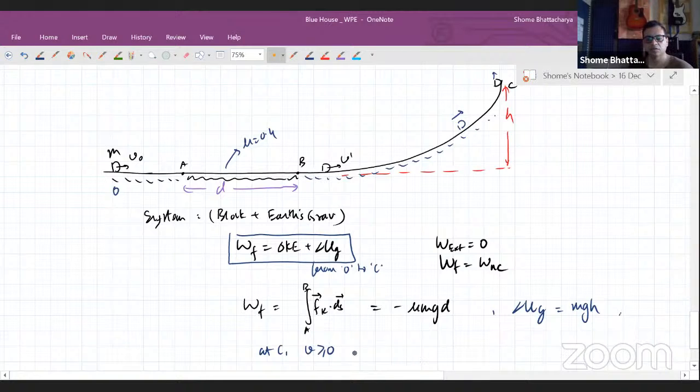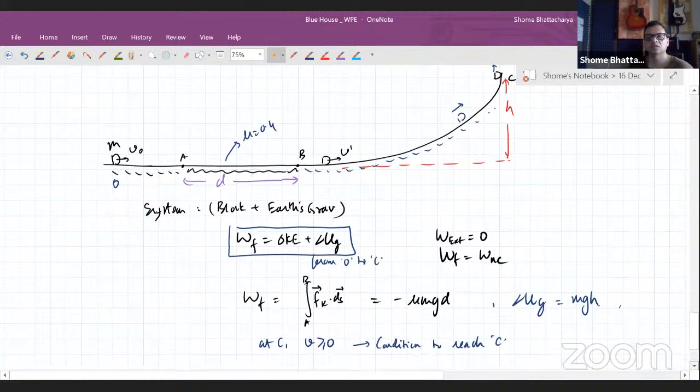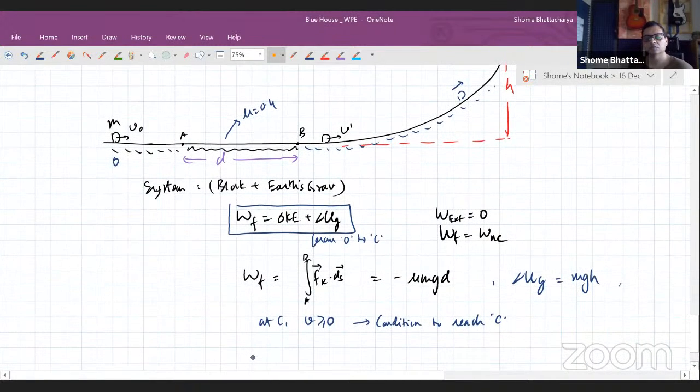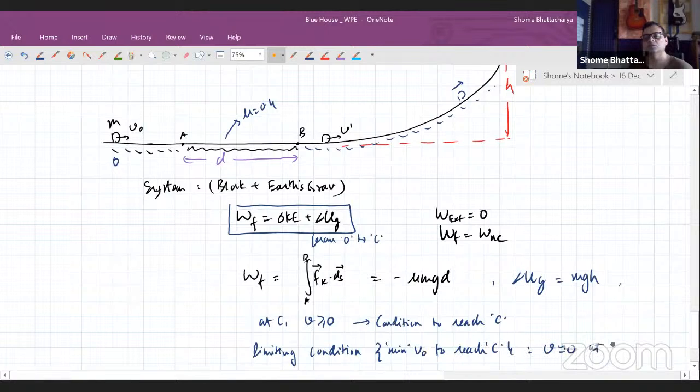This is the condition to reach the point C. So the limiting condition, which corresponds to minimum v naught to reach C, is that v is just about equal to 0 at the point C.